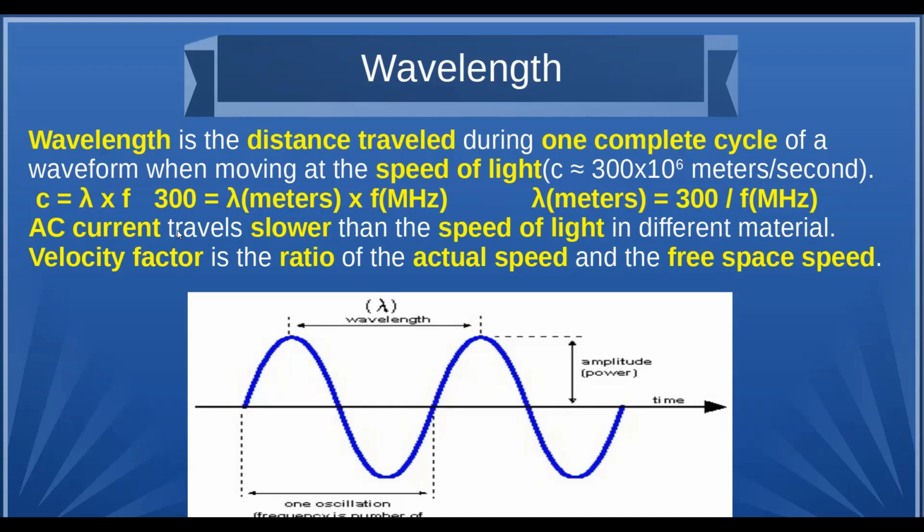When we're actually talking about circuits, the waveform travels slower than the speed of light. And we have a thing we call velocity factor, which you'll see when we talk about coaxial cable or even wires. To figure out the wavelength, you need to know what the velocity factor is. In other words, what percentage of the speed of light is it actually traveling at through that conductor?